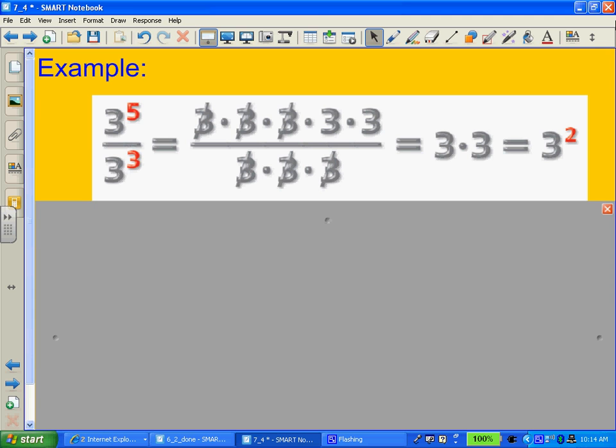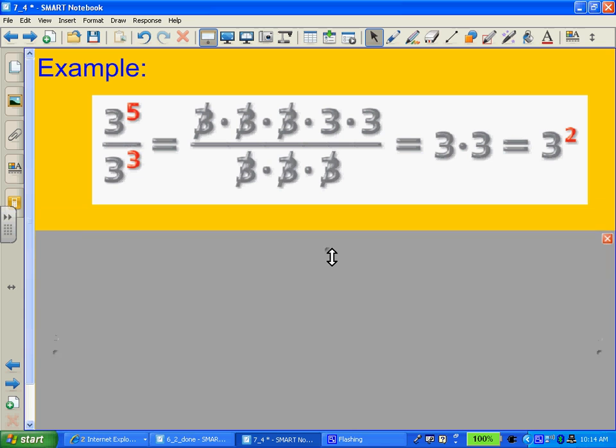You can see that the three 3's on top will cancel out with the three 3's on the bottom. So we'll just be left with 3 times 3 on the top, which is the same as 3 to the 2nd. That's how we get 3 to the 5th over 3 to the 3rd being the same as 3 to the 5 minus 3, which would be 3 to the 2nd. So this is where we get the property mathematically.